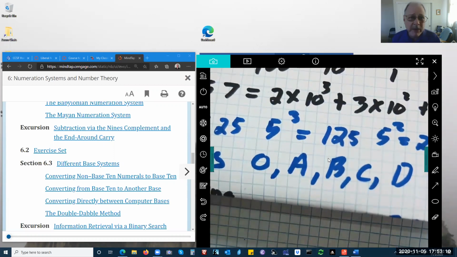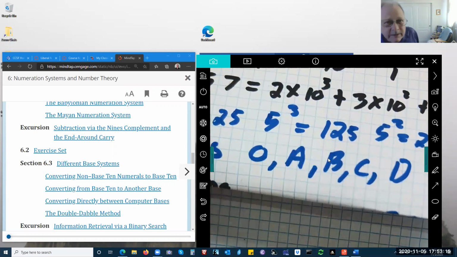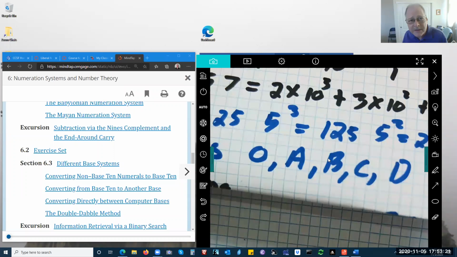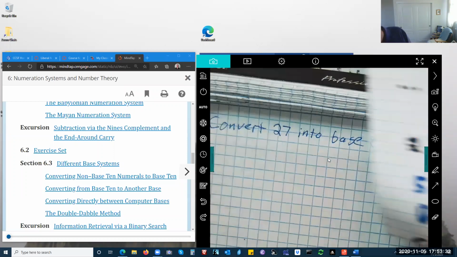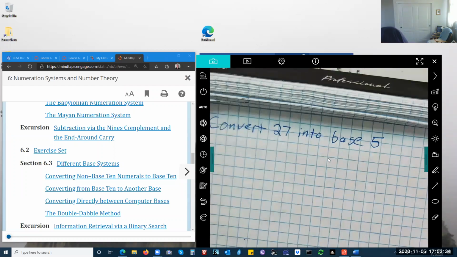I could have used 0, 1, 2, 3, and 4, but there's a little confusion that happens. Sometimes people misread the numbers when I use the same symbols in both systems, so I'm trying it this way to see if it prevents that. So these are going to be my symbols.